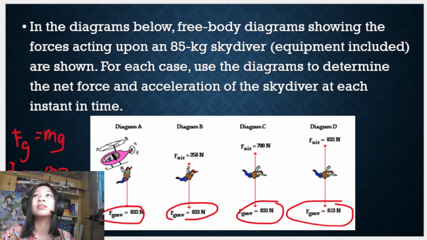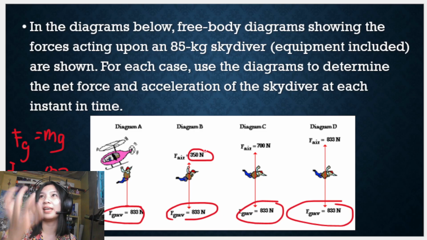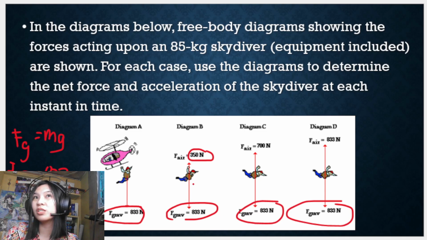Kaya, syempre, di man magbago imong weight if mag-fall ka. Now, the air resistance is picking up force. So the more you fall, the more air molecules you will encounter, and when that happens, the more force of air you will get. So here in diagram B, you have 350 newtons. Your F grav is 833 newtons, and nagpares na sila.